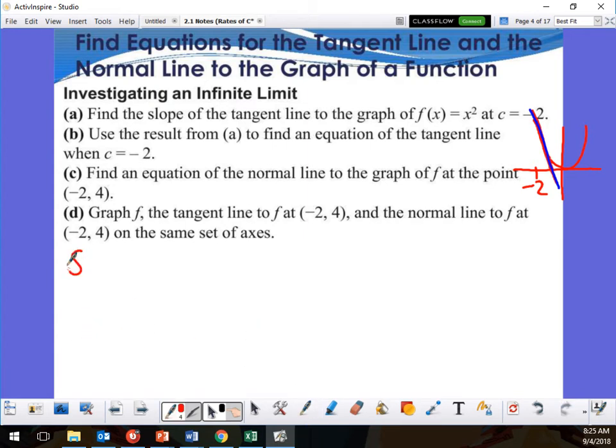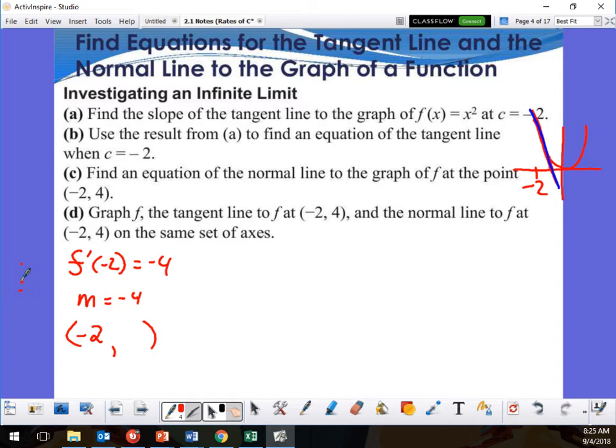So we know that f prime of -2 is -4. Okay, so now I need a coordinate. I know that my slope is equal to -4, but I need a point, don't I? What is my x value I have? -2.